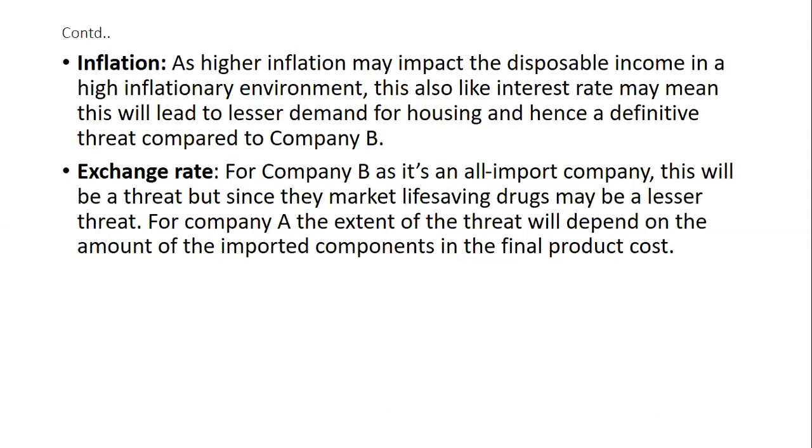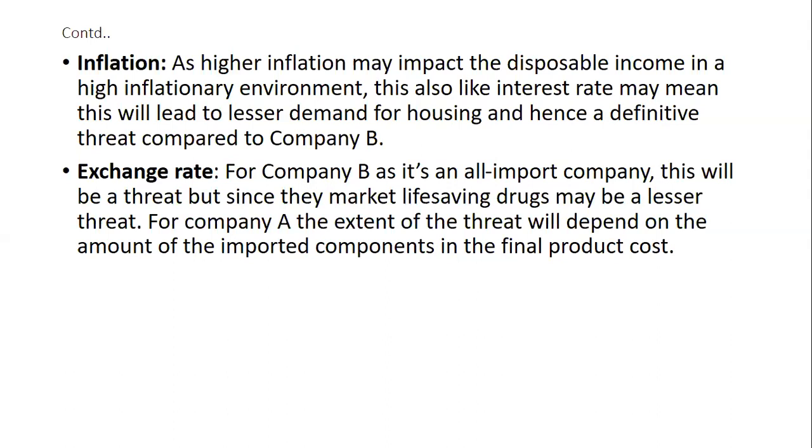So what they bought for $100, let's say X number of stocks, now costs a higher LKR. That means you have to pay more local rupees because of imports. When the dollar is appreciating against the local currency, you have to pay more money. But since it's a life-saving drug company, that marginal or small increment would not be that effective.